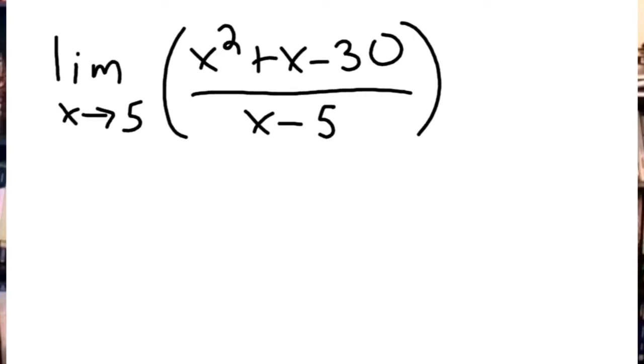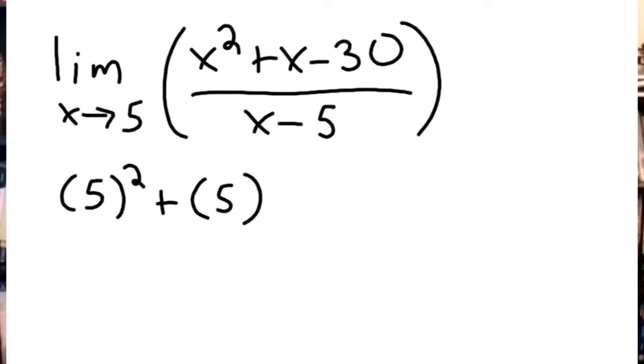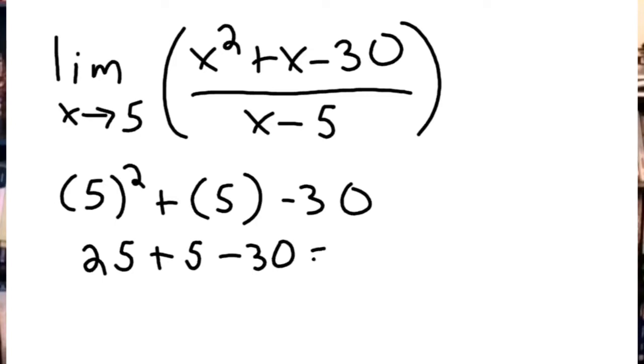If we get a number, that's the answer. If it's undefined, we'll look at what it comes to, whether it's 0 over 0 or k over 0. So we have 5 squared plus 5 minus 30, which is 25 plus 5 minus 30, which of course is 30 minus 30, or 0. So our numerator would get 0. Our denominator would get 0 as well, because our denominator would simply be 5 minus 5.